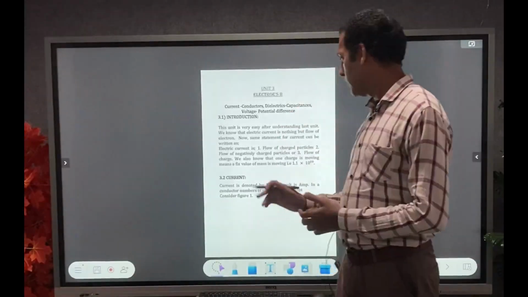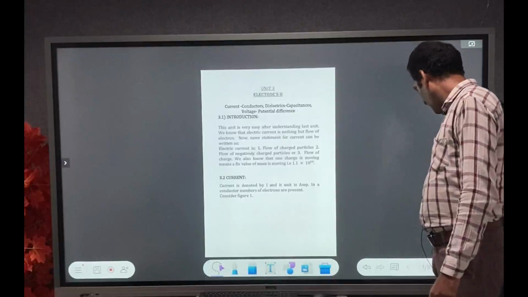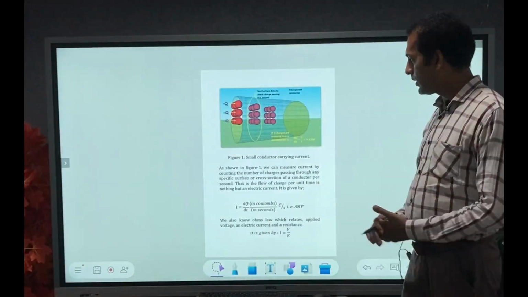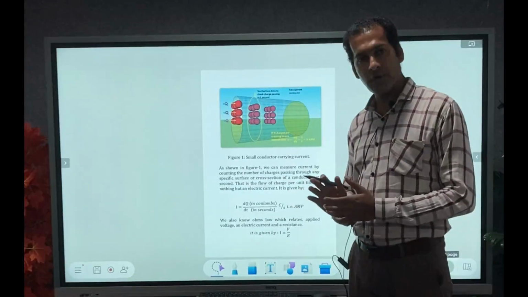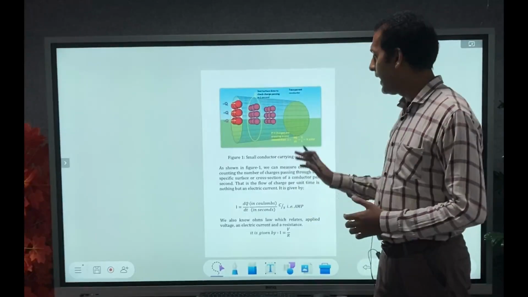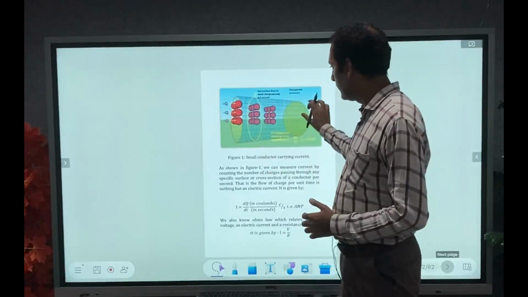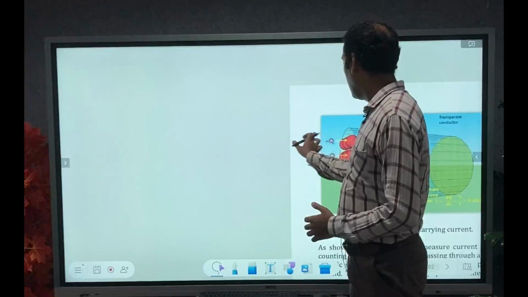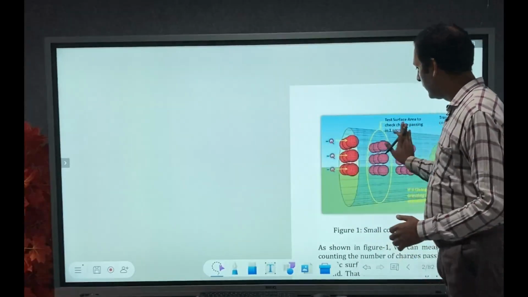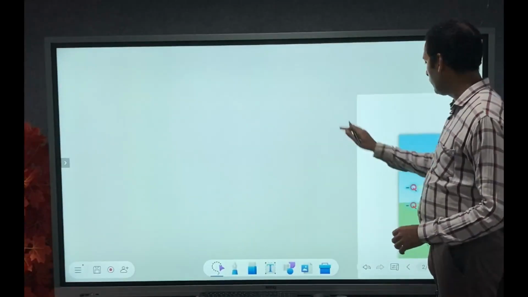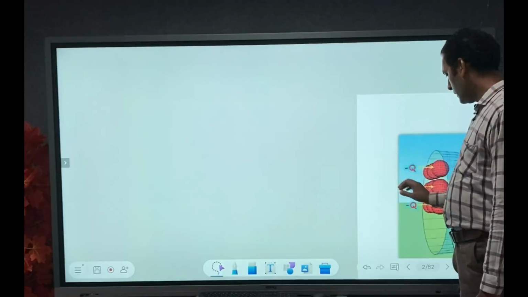In the previous session we discussed current, then we tried to analyze the flow of current in 3D. We assumed some toy example where charges are shown in the shape of some balls.